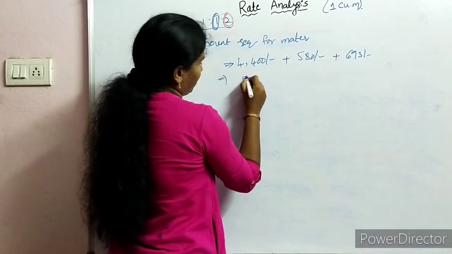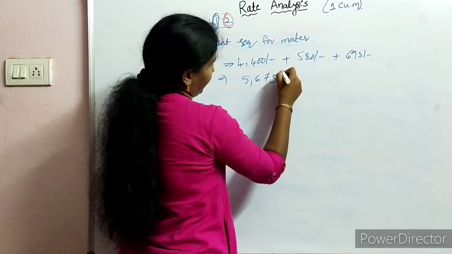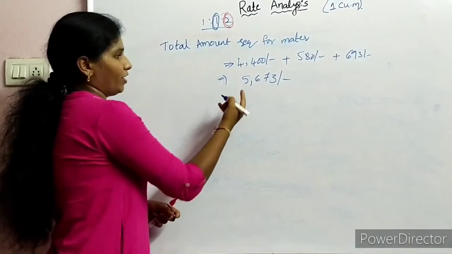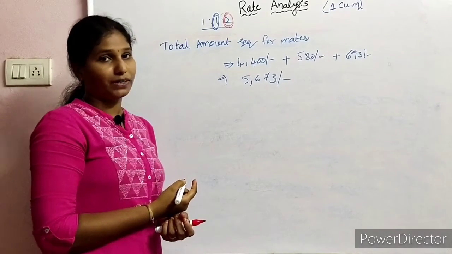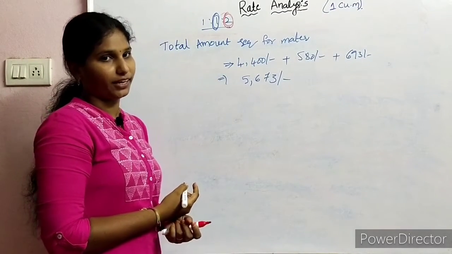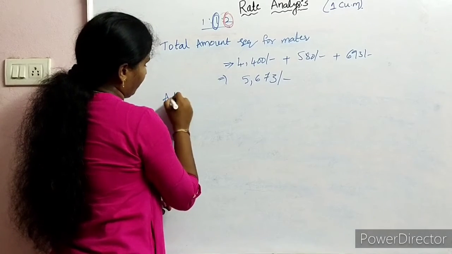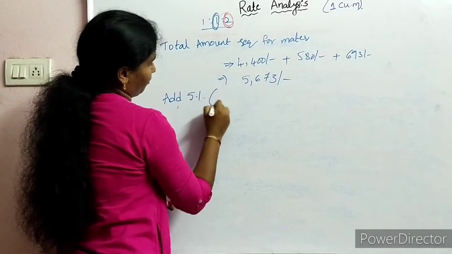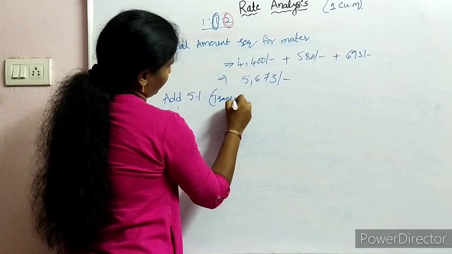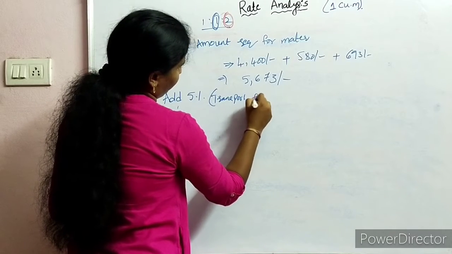We will get 5,673 rupees. For this amount we are adding 5% extra for transportation charge and tools.